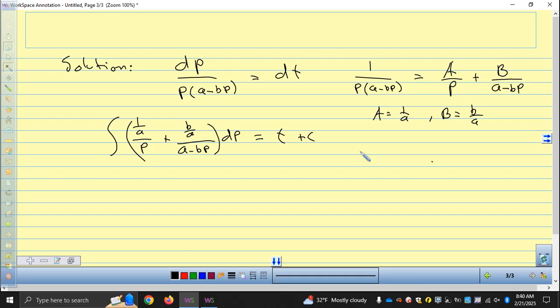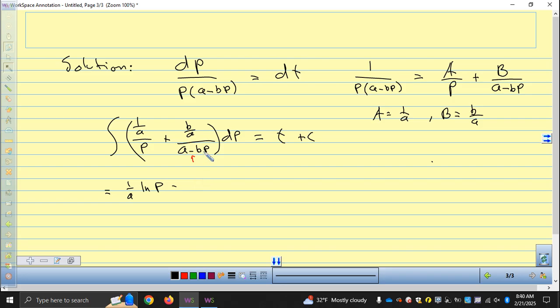We need to be careful here because this is negative. So when we integrate this, we get 1 over A times the natural log of P, and we're going to assume that this population is positive.